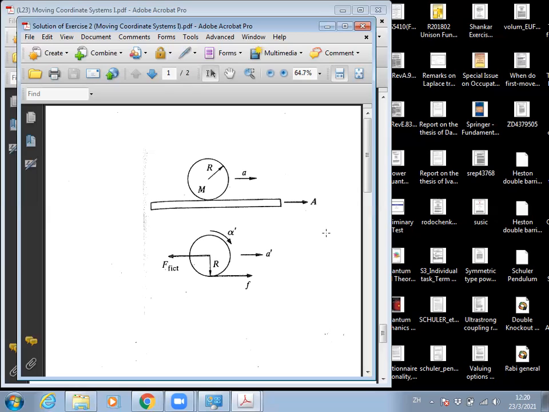Okay, so how do we analyze this problem? You can see that we can actually apply all the tools that we have learned before. Am I right?